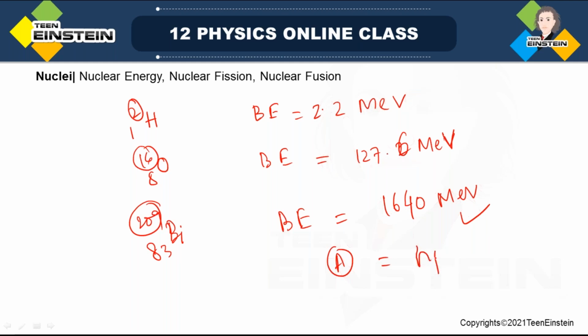That is mass number, Np plus Nn, or N plus P. I'll write N plus P, that is very simple. A, mass number is A, N and P. So when the mass number increases, that means the number of nucleons also increases. And at the same time, you look, binding energy also increases.